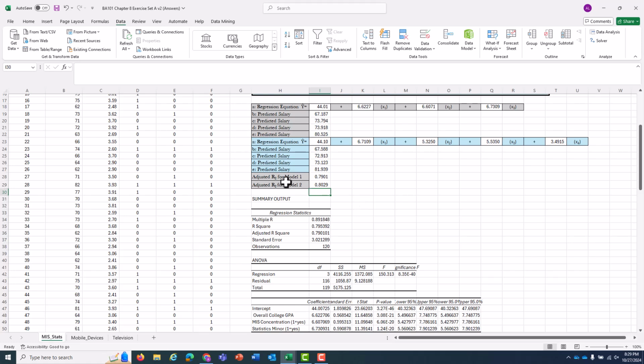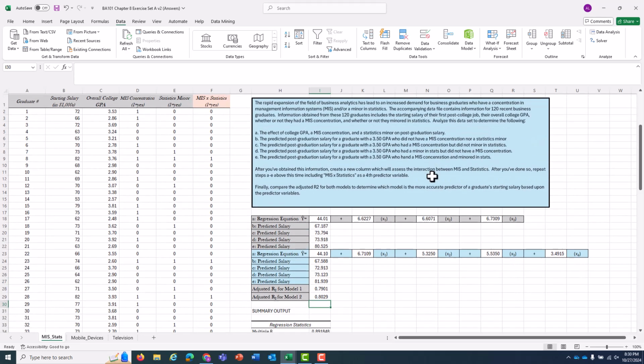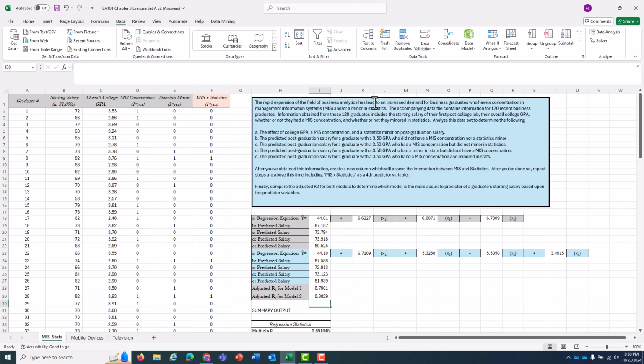Our adjusted R squared for Model 2 is higher than Model 1, which means this should be a more accurate predictor of earnings. So all this put together is saying that there is more value in getting both of these qualifications than is represented if you just treat them separately. You need to account for the interaction, the positivity of having both of those things that will make you prepared to be an entry-level analyst entering the business field upon graduation.